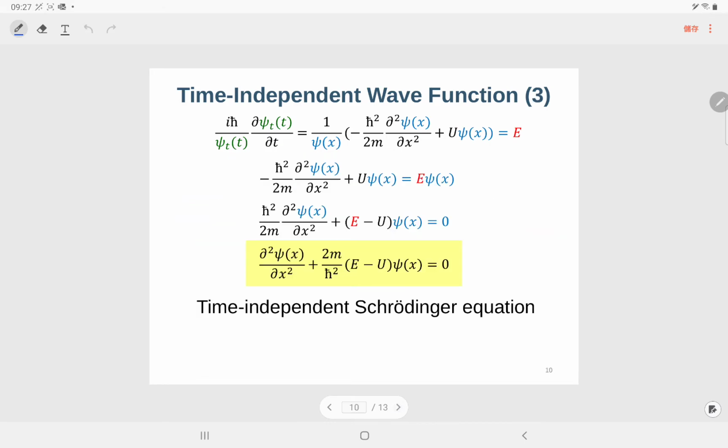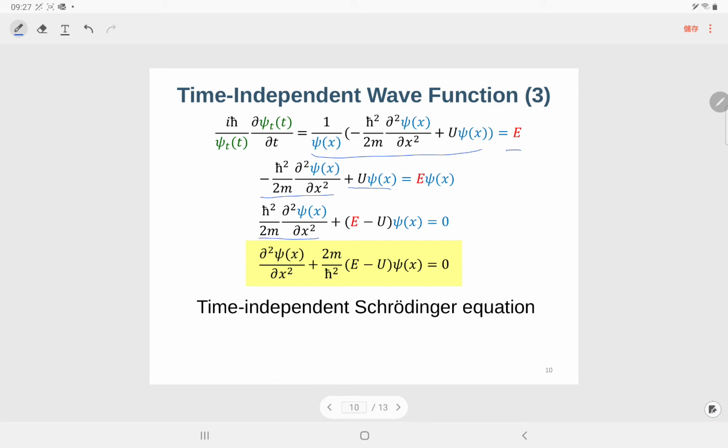So for the second one, we have this one to be E. So this is a second order ODE. And it's not so difficult yet. So we slightly rearrange the term. We move this term to the right side and move this term to the right side.